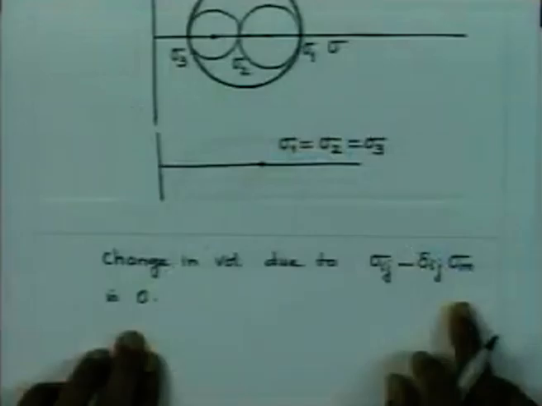So please, I want to repeat that the change in the volume is nothing but the sum of the 3 strains in the Cartesian directions, and that is going to add up to 0. So change in the volume due to the deviatoric part of the stress component is 0.